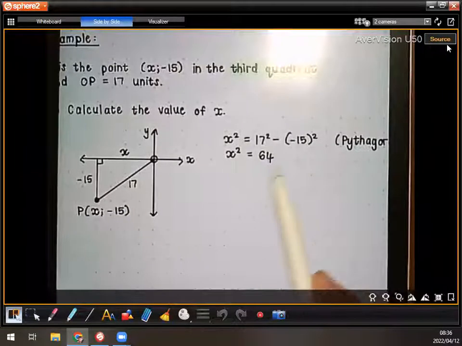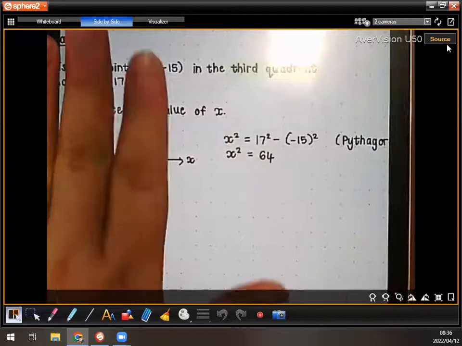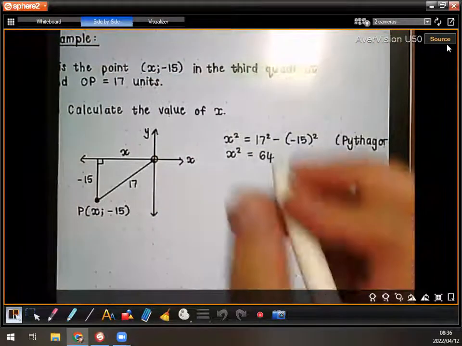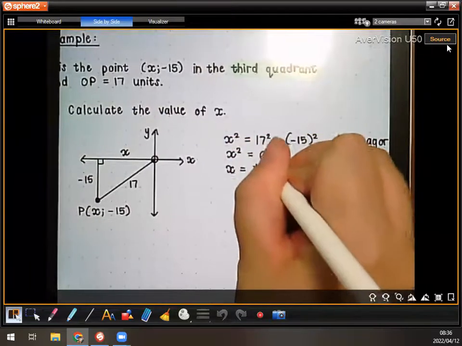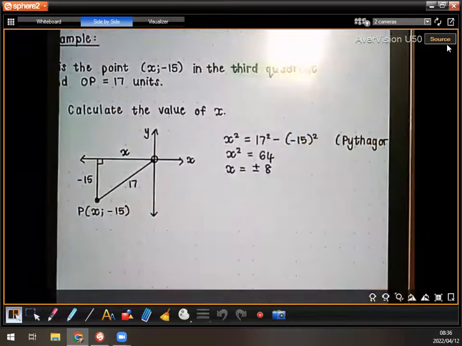But the actual way in which you need to solve for x in this type of equation, if it wasn't in the context of a triangle or Pythagoras, you would actually say that x is plus or minus the square root of 64. Do you remember that? When you're taking a square over and turning it into a square root, technically you are supposed to do plus or minus square root.